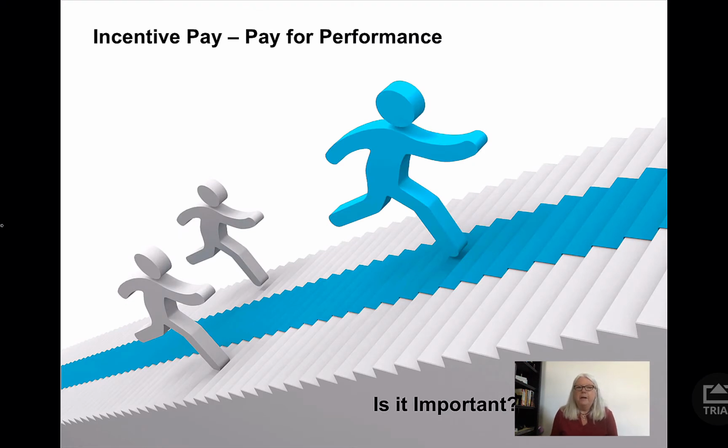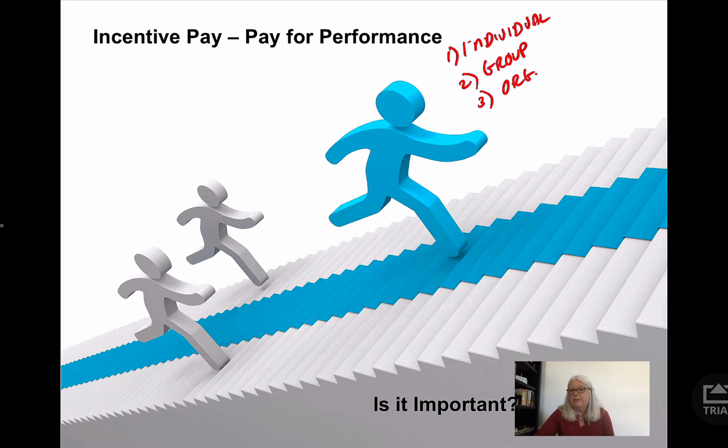So incentive pay or pay for performance is where we link pay to an employee's performance as either an individual, group, or organization. So it can be on the individual level, the group level, or the organization level. And we're going to talk about all three of those today because they're all important.